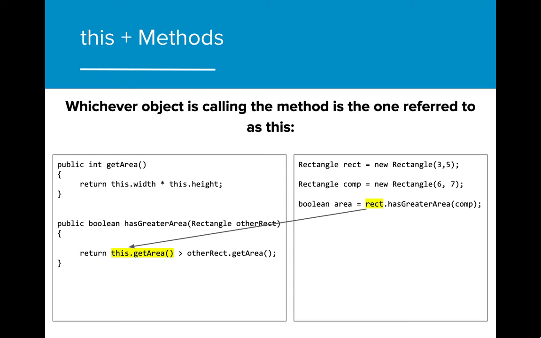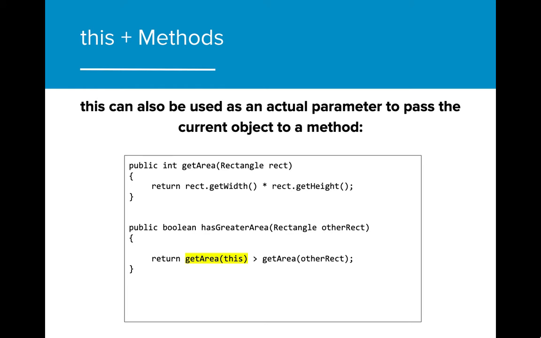In practice, whichever object is calling the method or constructor is the one that is being referred to when this is called. In this example, when rect.hasGreaterArea is called, this.getArea is using the attributes of rect when calculating the area. This can also be used as an actual parameter to pass the current object to a method.